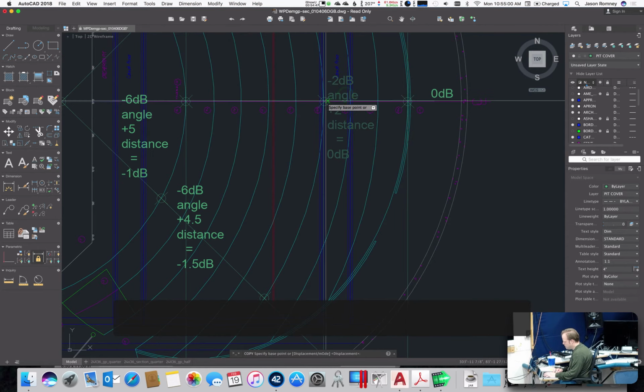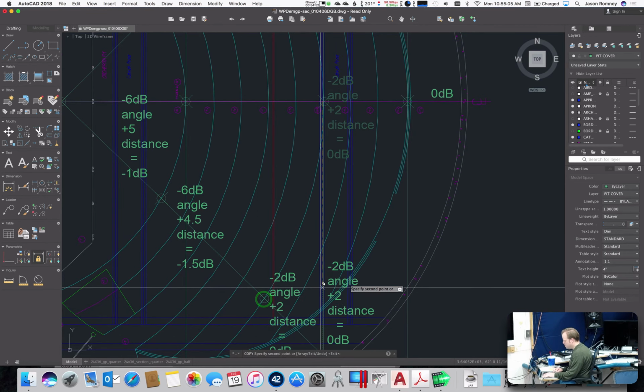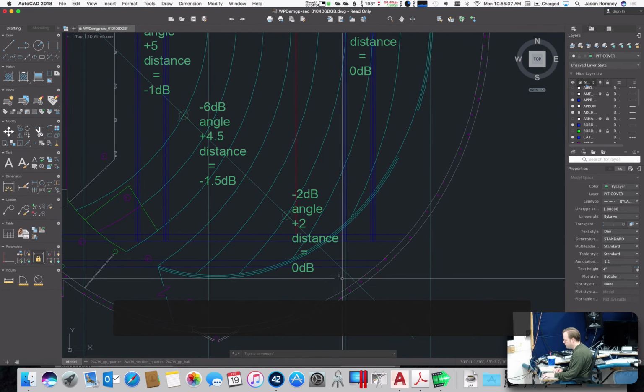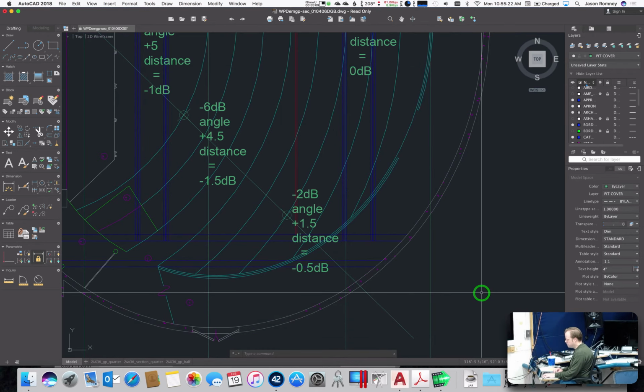Anybody get it? Okay, so another half a dB, right? So we're really saying only plus 1.5 here, which is really going to have me at minus half a dB from on-axis. See how I did that?